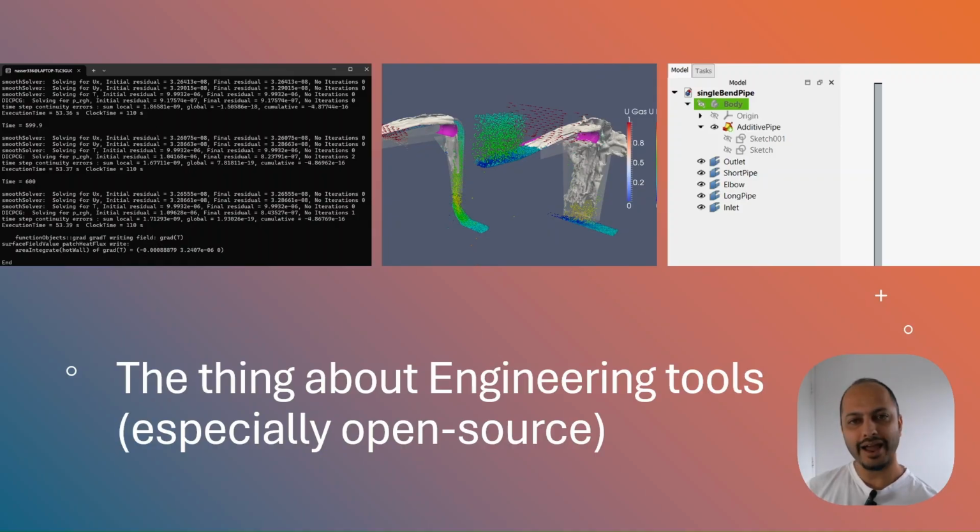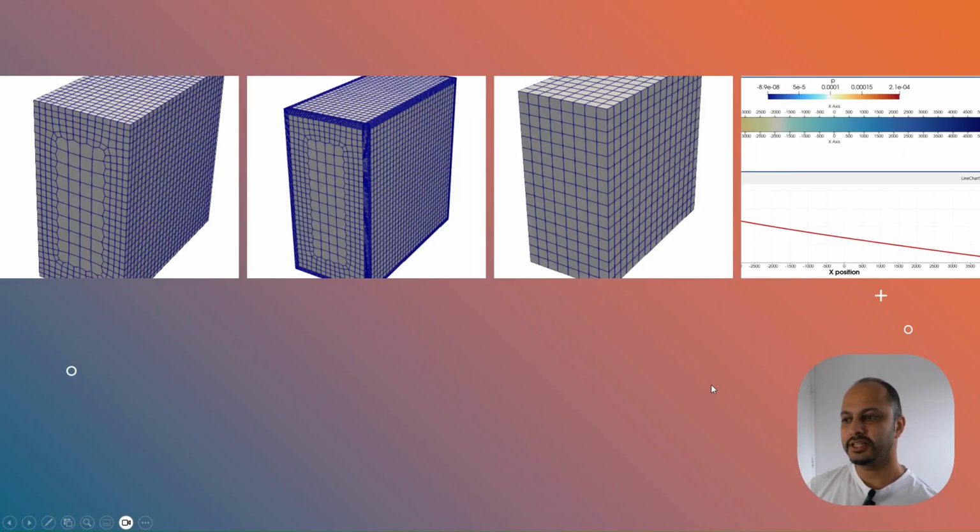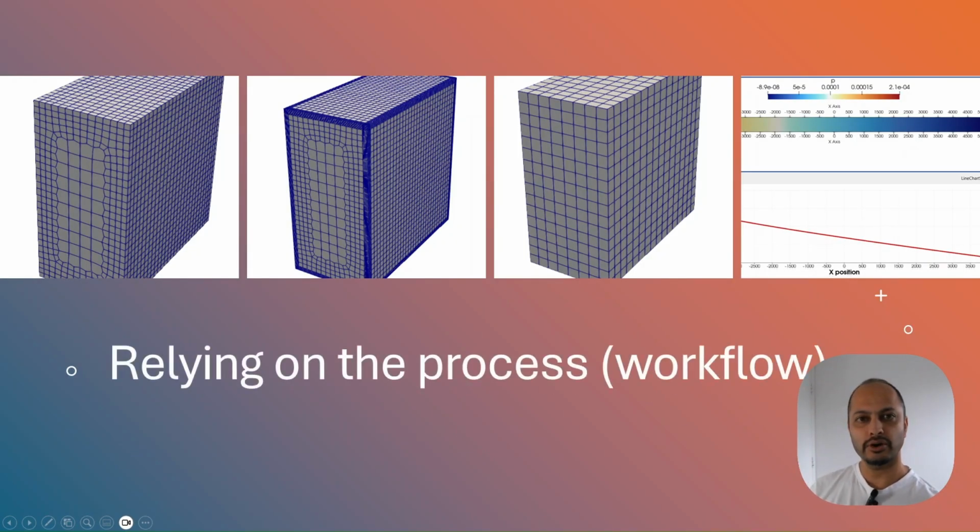The way around this is to consider the actual process or the workflow that you'd be following. I like to look at this in two different ways. There's the computational process, or what the solver expects when it comes to a CFD workflow.